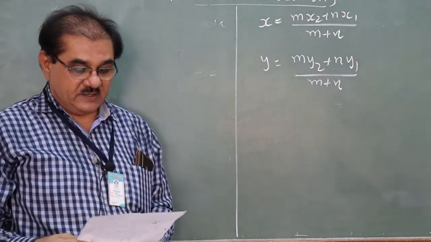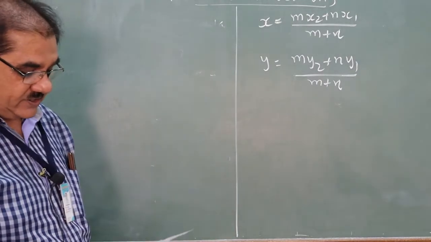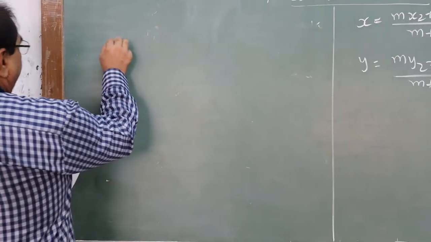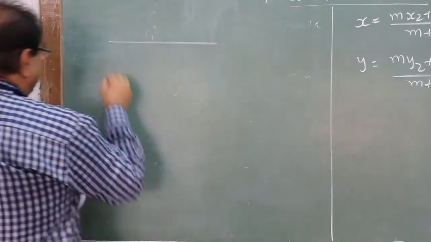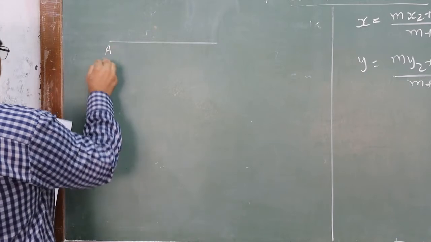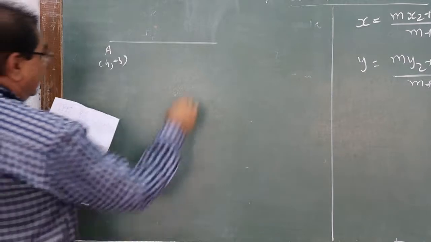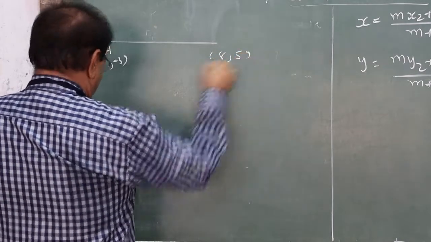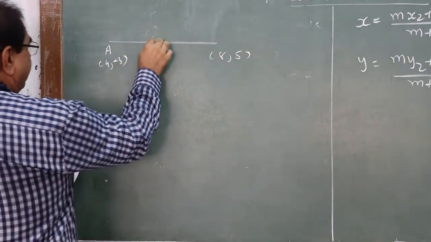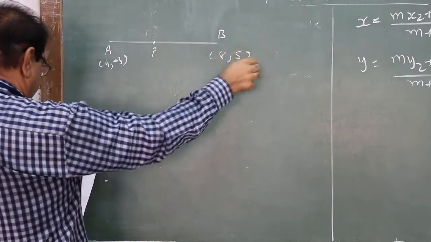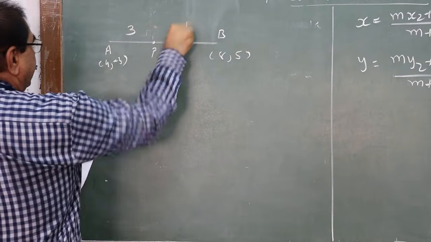Now on that basis, we take certain examples from your textbook. First of all, I go for example 6. You are given two points A(4, minus 3), B(8, 5), and a point P which divides the line segment AB in the ratio 3:1.